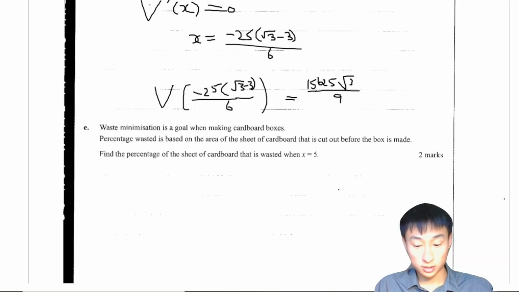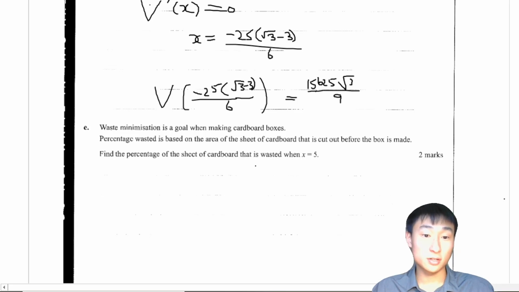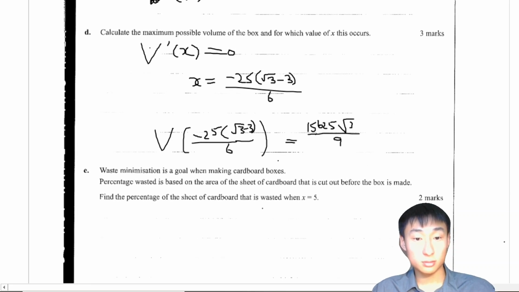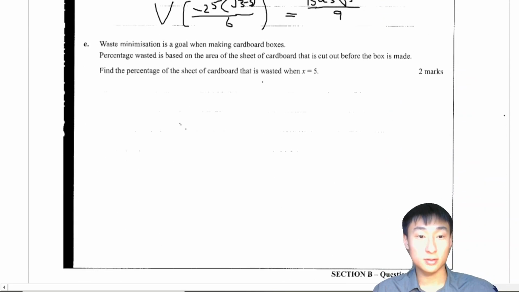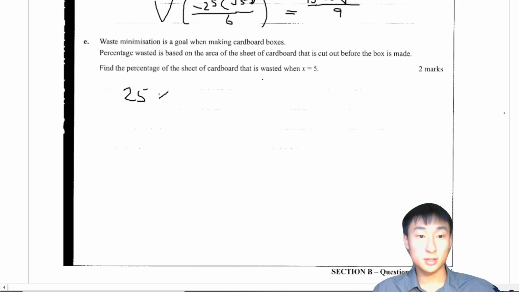Waste minimization is a goal from these cardboard boxes. Percentage waste is based on the area of the sheet of cardboard that is cut out before the box is made. Find the percentage of sheet that is wasted when x is equal to 5. Okay, well, you have the box. The box has area 25 times 50, which is 1250.